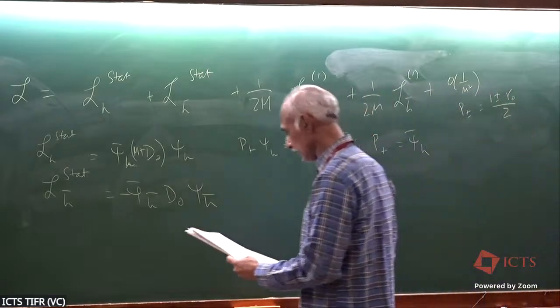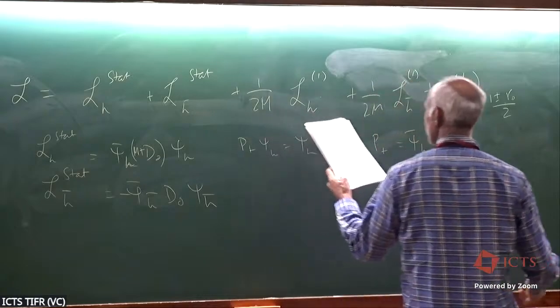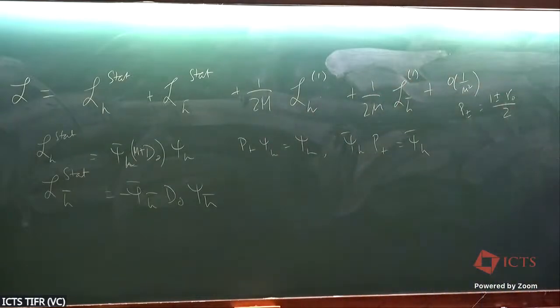These terms will have terms like D squared over 2m, so that's your standard kinetic term, and that's the spin-spin interaction term. These are the two 1 over m terms.